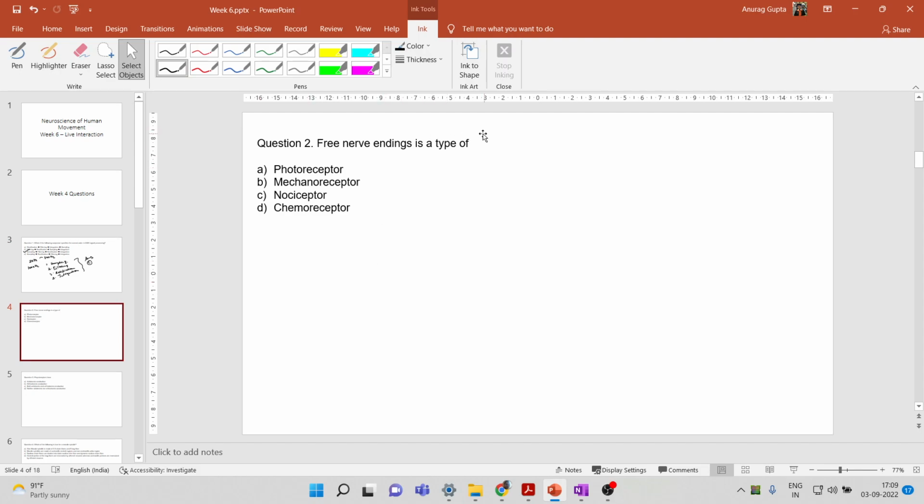Free nerve endings is a type of A. Photoreceptor, B. Mechanoreceptor, C. Nociceptor, or D. Chemoreceptor. So you can take 30 seconds and then we'll discuss this question.